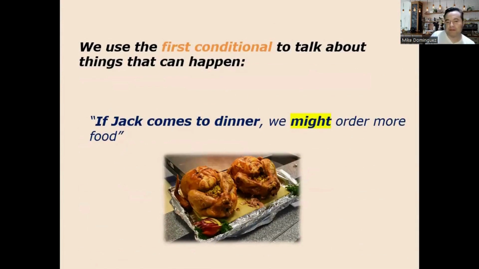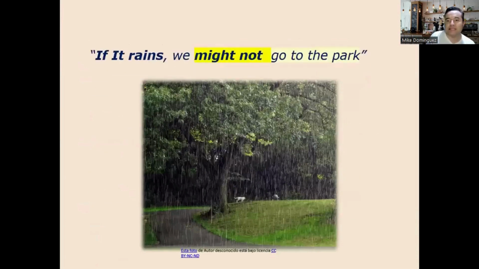If Jack comes to dinner, we might order more food. Yes, that's right. Now, let's see this other example. Please, can you read it? If it rains, we might not go to the park.